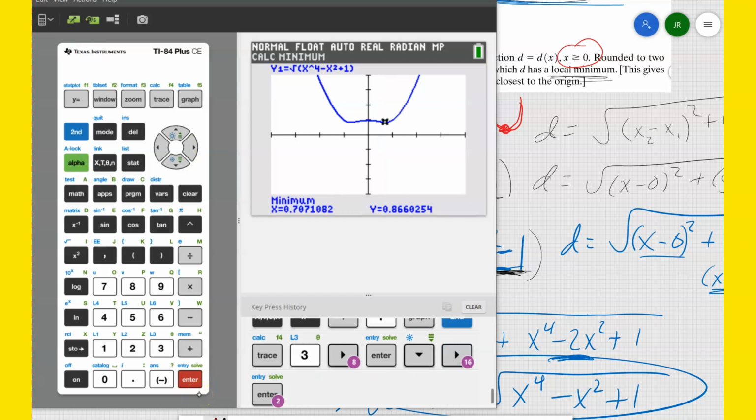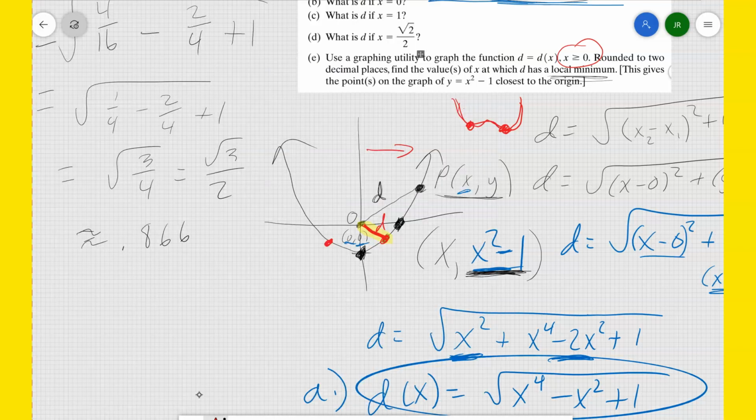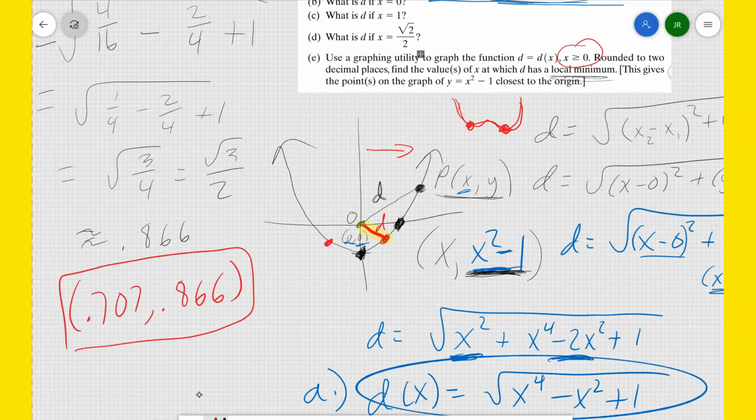And the minimum is 0.707, 0.866. So this is the minimum. 0.707 is the square root of 2 over 2, and 0.866 is the square root of 3 over 2. So the minimum distance is found right there, which is what it already asked me to find in part D.